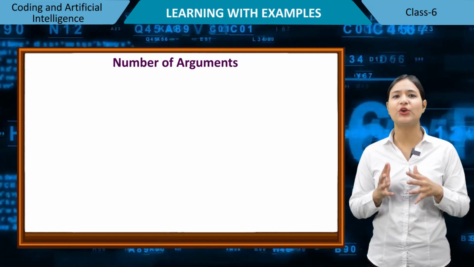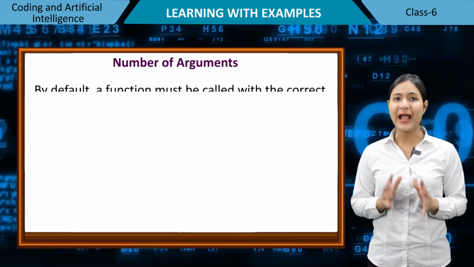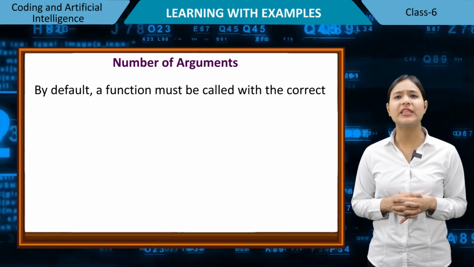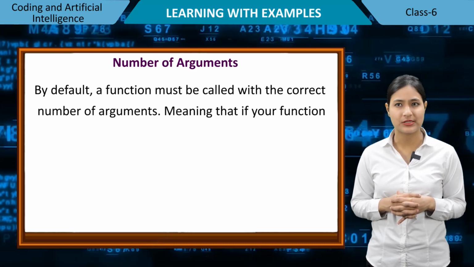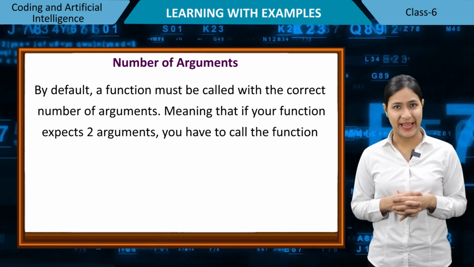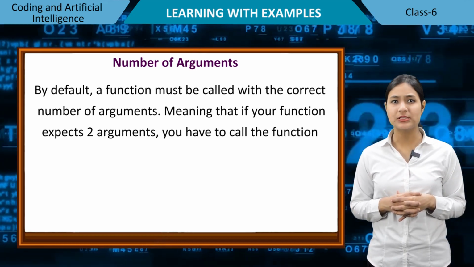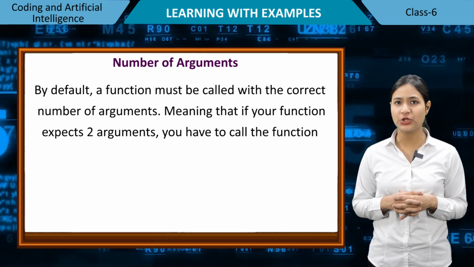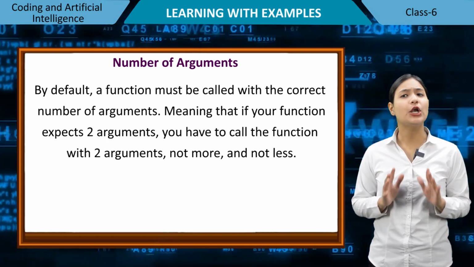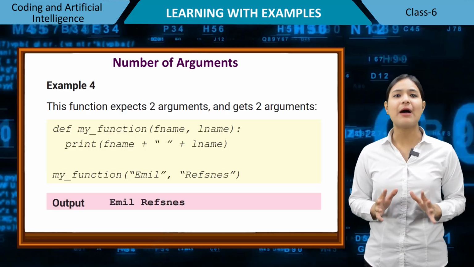Number of arguments. By default, a function must be called with the correct number of arguments, meaning that if your function expects 2 arguments, you have to call the function with 2 arguments, not more and not less. Example 4.